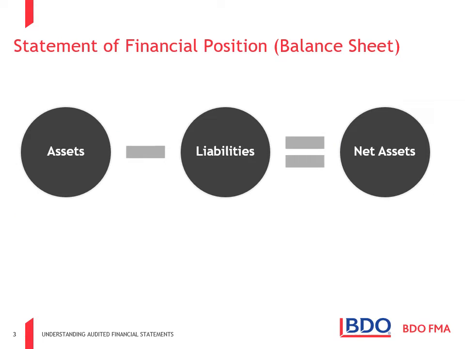So the Statement of Financial Position, or the balance sheet, consists of 3 components. We have assets, liabilities, and net assets. So our assets are simply what we own as an organization, including cash, receivables, investments, property, equipment. Anything that we own as an organization is an asset on our balance sheet.